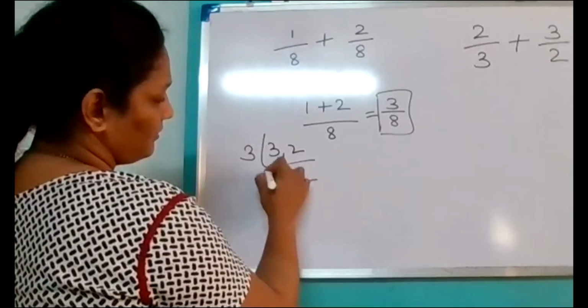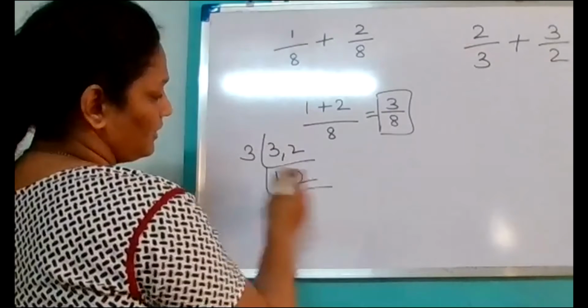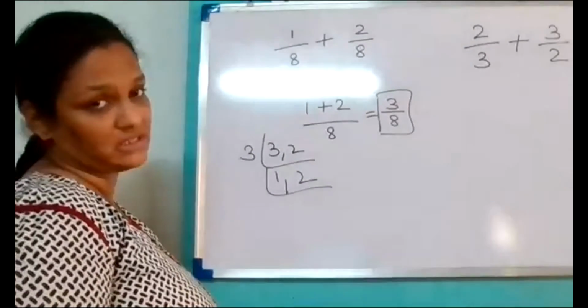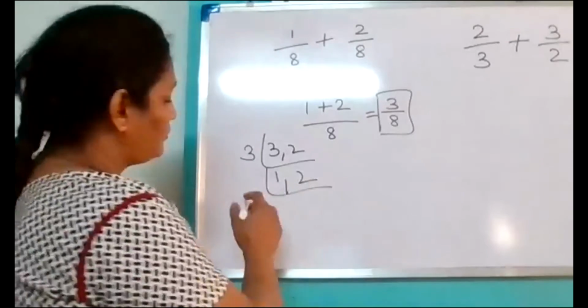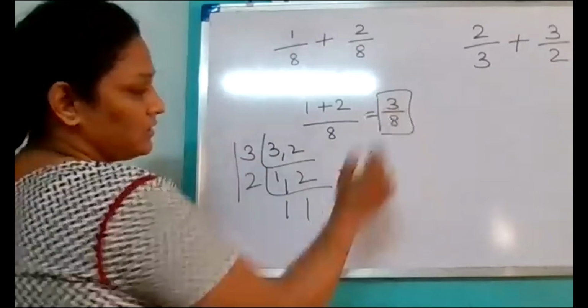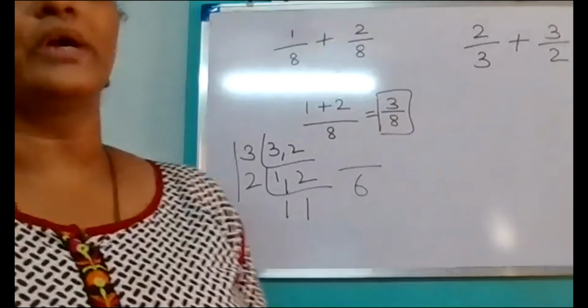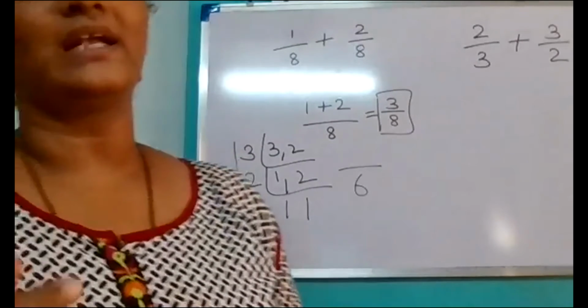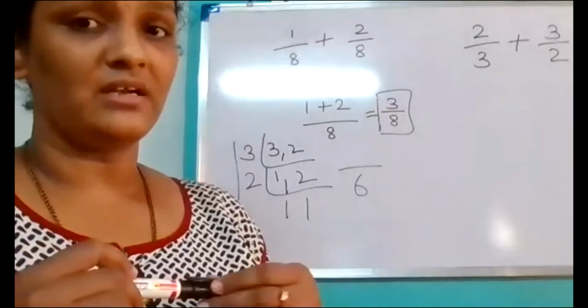Any number has to be divided by its number only, right? And then comes 2. So 3 twos are 6. Your LCM is 6. You all know how to find LCM, right?